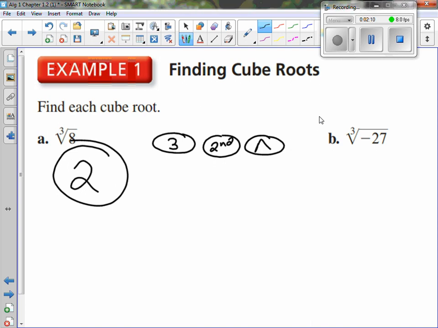See what you get when you take the cubed root of negative 27. Negative 3. And that's it. That's the answer.